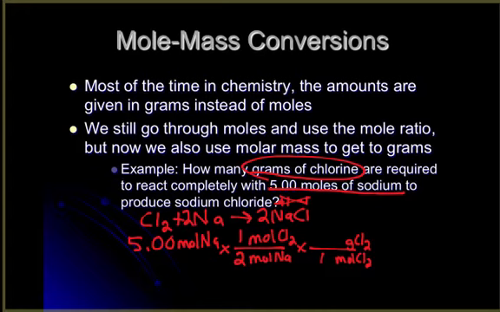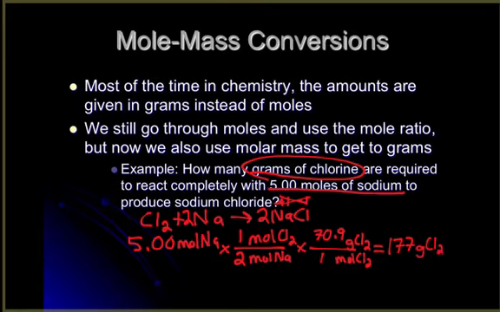Periodic table. 2 chlorines, it's going to be 70.9. Plug into your calculator and solve. I'm going to do that right now, so you should be doing it as well. 5 times 70.9 divided by 2. 177.25 with significant figures. We need 3 sig figs in our answer.